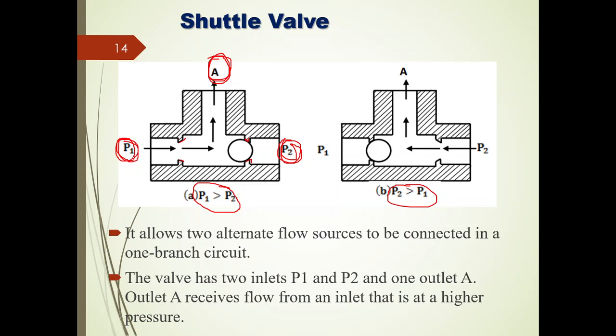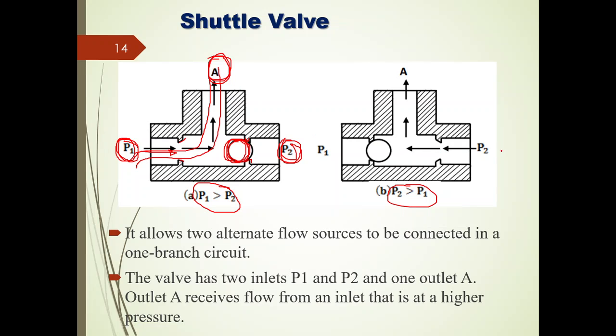If P1 is more compared to P2, that means the fluid pressure we are pumping from P1 is more compared to the P2 pressure, then obviously this P1 pressure is going to move the ball towards the right side. That means it will be seated in the seater, so that I will get enough space to flow the hydraulic fluid from P1 to A.